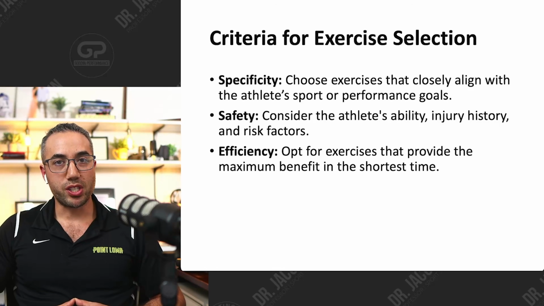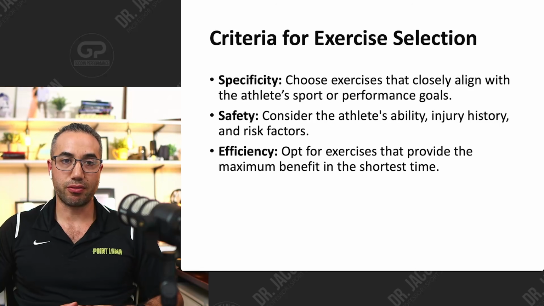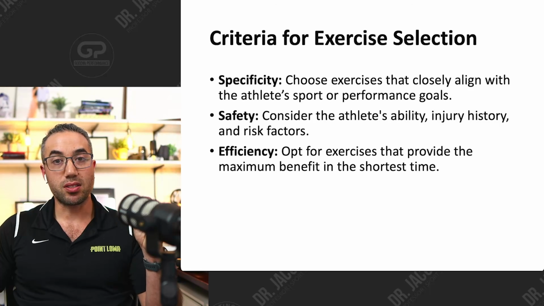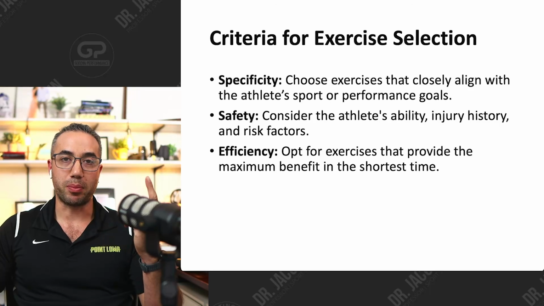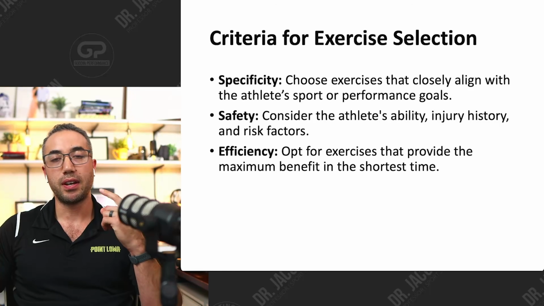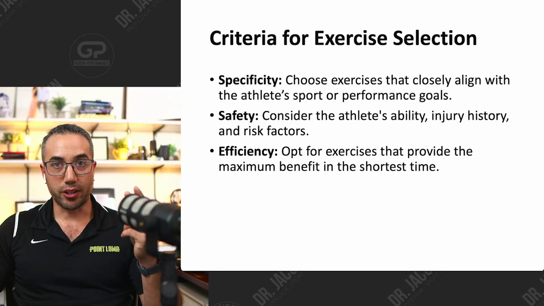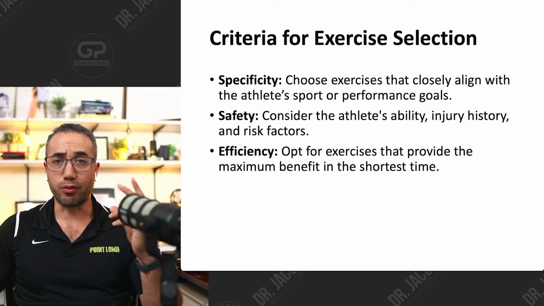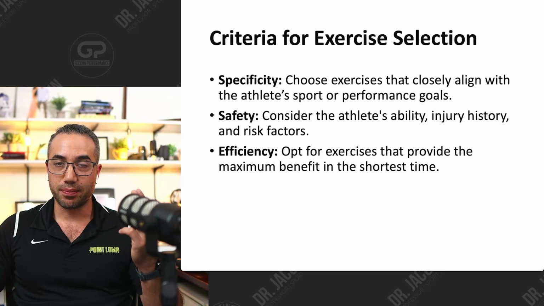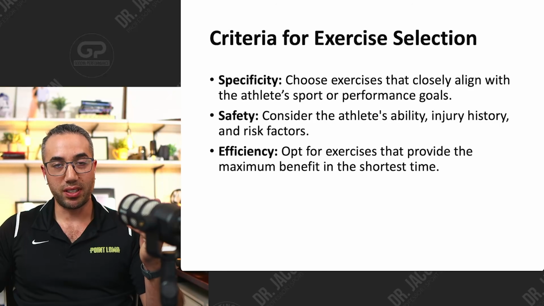When we're thinking about which exercises to select, we want to think about specificity, safety, and efficiency. First, do the exercises align with things like the biomechanical principles of the sport, the force and velocity characteristics of the sport, with the needs of the athlete? Okay. Next, we want to look at safety.